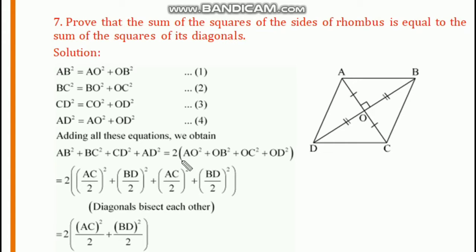Next, BO square is BD by 2 the whole square. Similarly, OC square is AC by 2 the whole square, and OD square is BD by 2 the whole square, because half of BD is BO and OD.